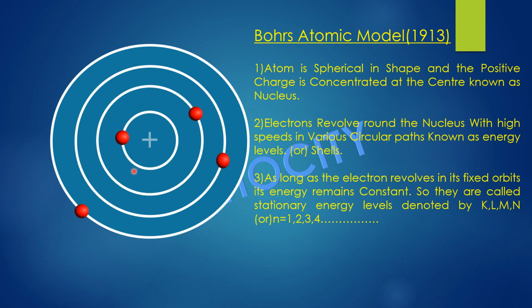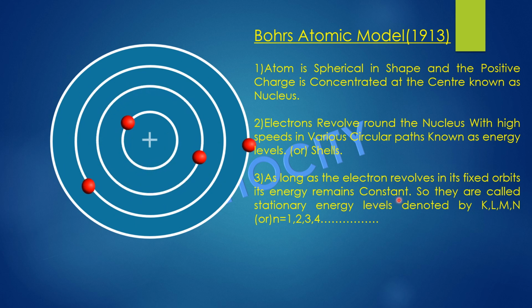The electron moving in the second shell, as long as it revolves in the second shell, its energy remains constant. The same is true for the third shell and the fourth shell. So, as long as the electron revolves in its fixed orbits, its energy remains constant.